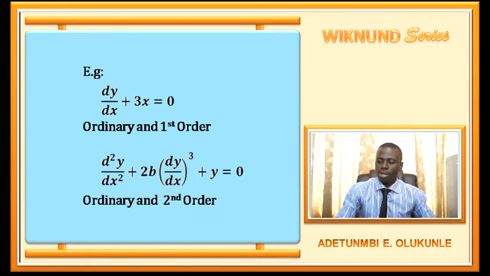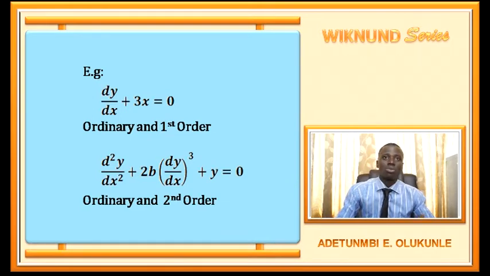The equation d2y/dx squared plus 2b (dy/dx) all to the power 3 plus y equals 0 is an ordinary differential equation because there is only one dependent variable y and independent variable x. But of what order? We have dy/dx in the equation, but we also have d2y/dx squared.